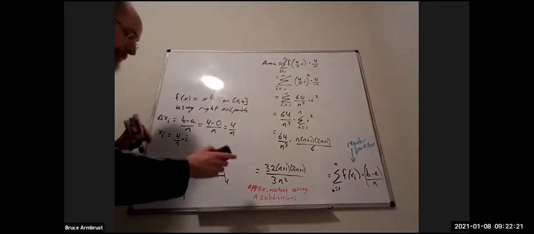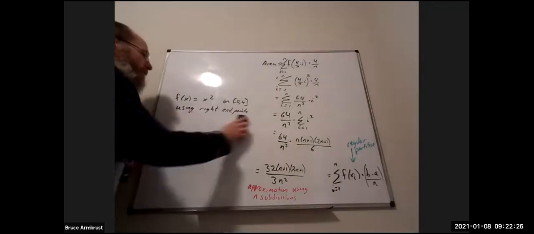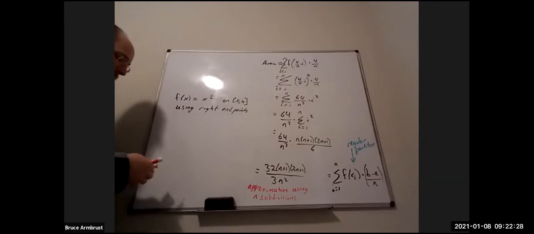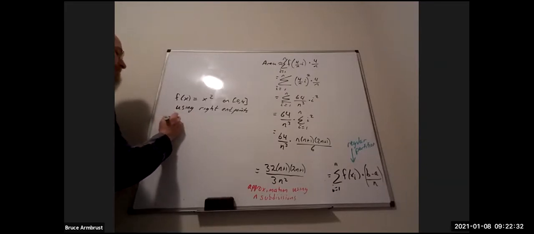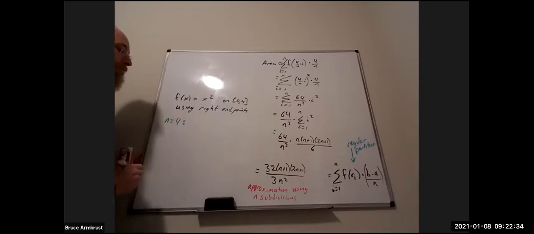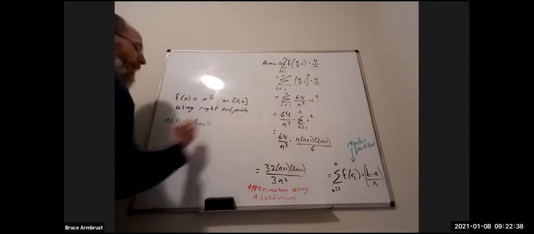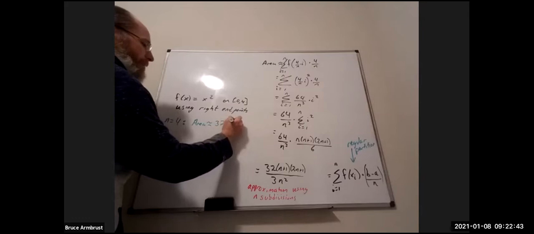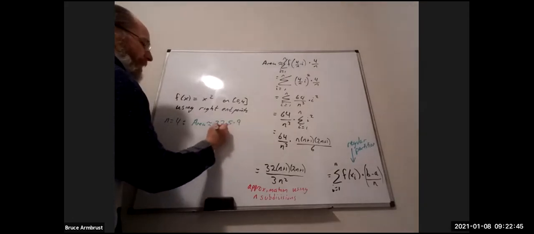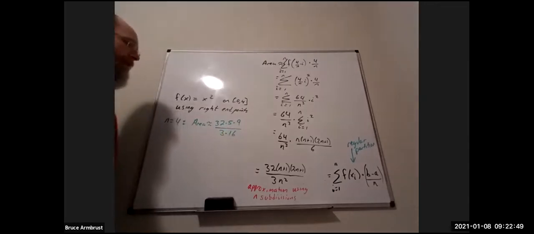So let me just show you, let's plug in a number. We're going to start with a number that we already know the actual value for. Let's try n equals 4. If n is equal to 4, then our area is approximately equal to 32 times 5 times 9 divided by 3 times 16.